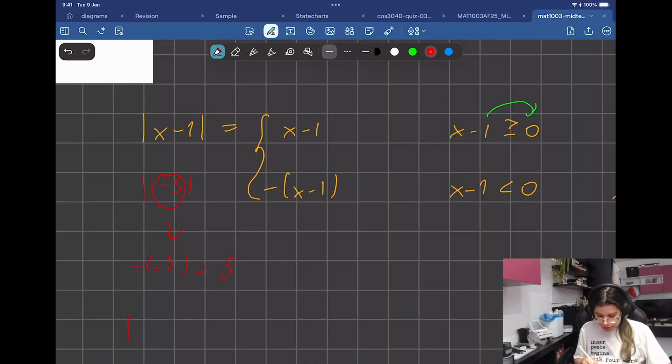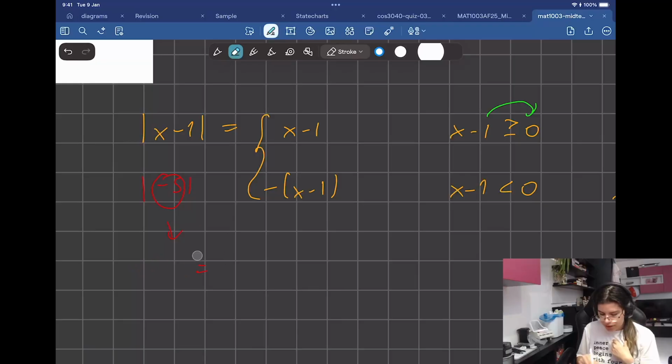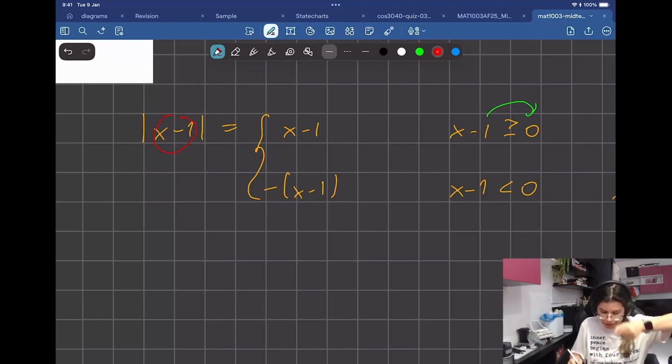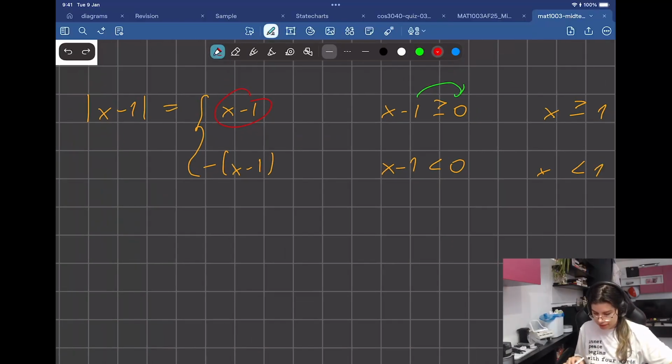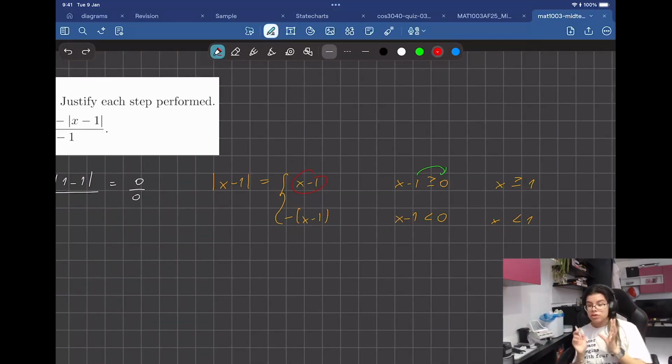If you had modulus of minus 11, then it would be the same value, but with the opposite sign. So in the case of x minus 1 inside of the modulus, if that thing is originally negative, in order to turn it to positive, we're going to put a minus in front, okay? So you have the same expression with different signs depending on what the value of x is, okay? That's the most important thing to figure out.